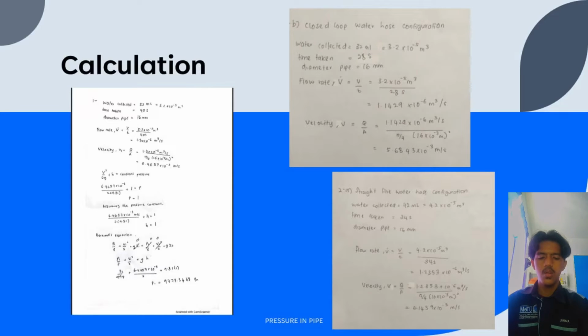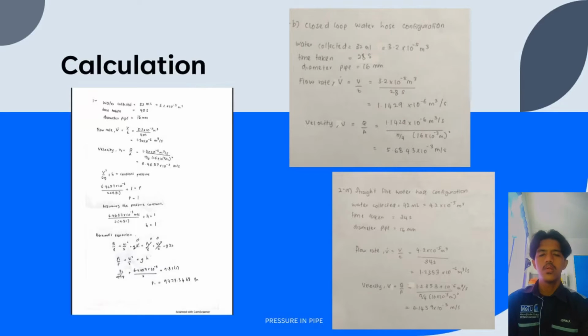The pressure that we get is 1 Pascal. So we assume the pressure is constant to get the height. We use the same formula as previously, but this time we include the pressure as 1 Pascal. Then we get the height is 1 meter.